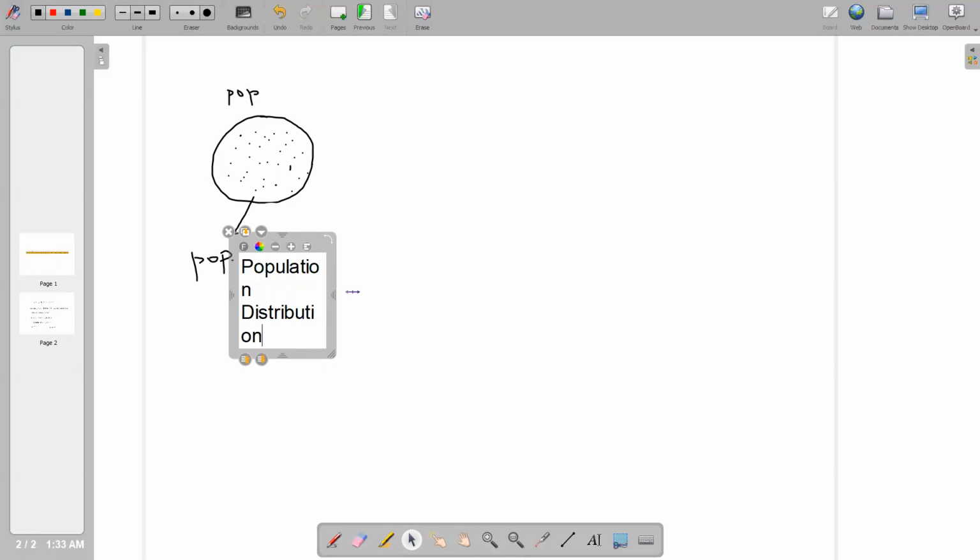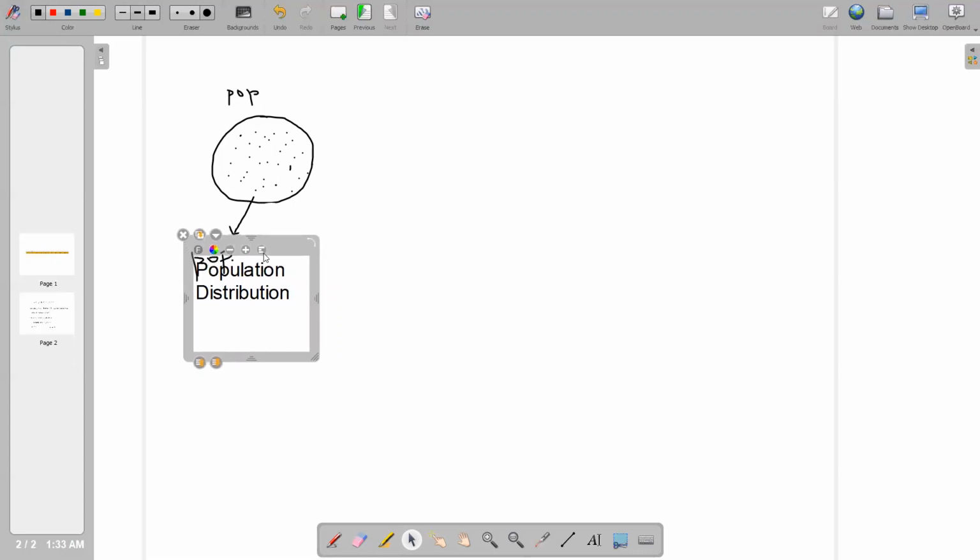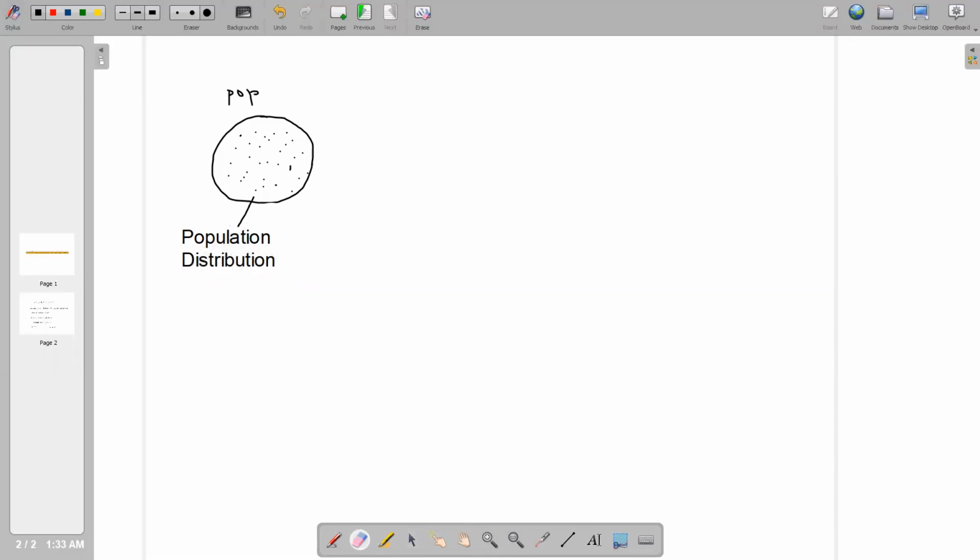So you have population distribution based on the population you have, right? All right. So then when you conduct the research, you're not going to measure from the population, but instead, you're going to draw a sample. So this is your sample. And the process you draw the sample is going to be a random process.